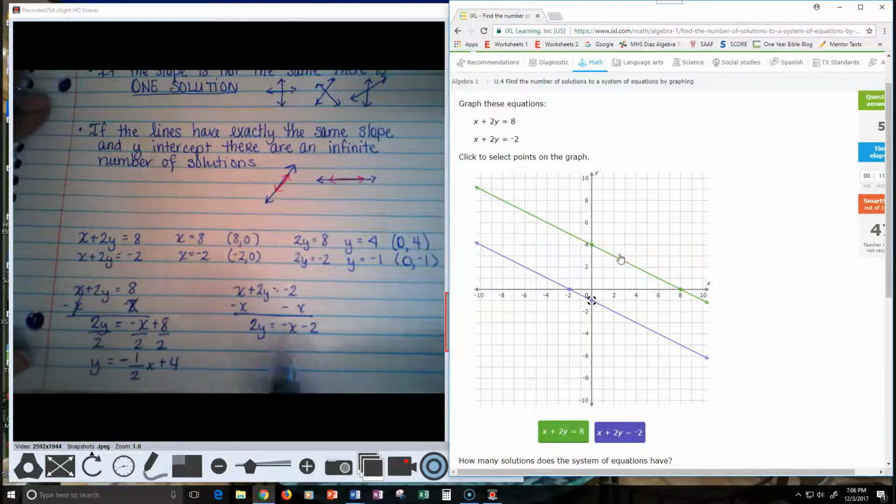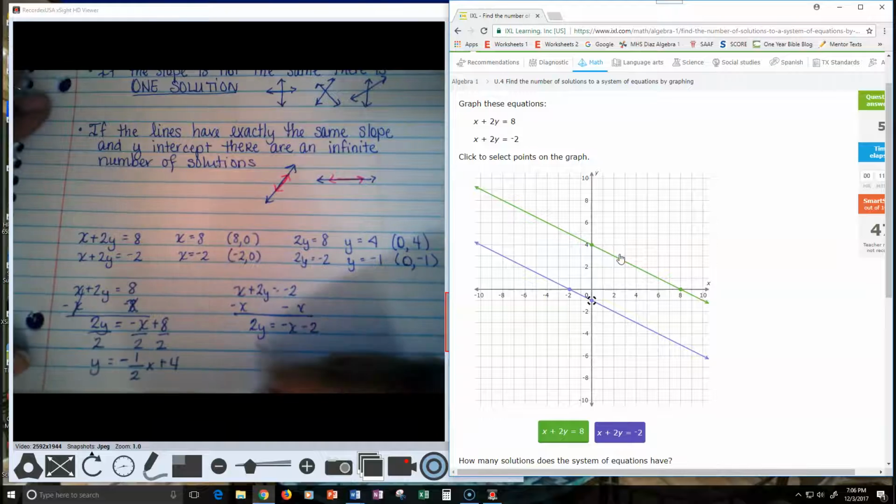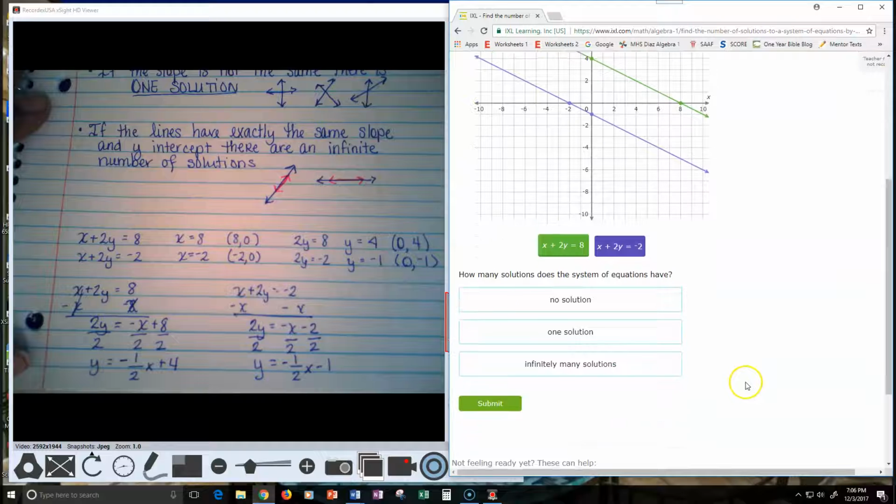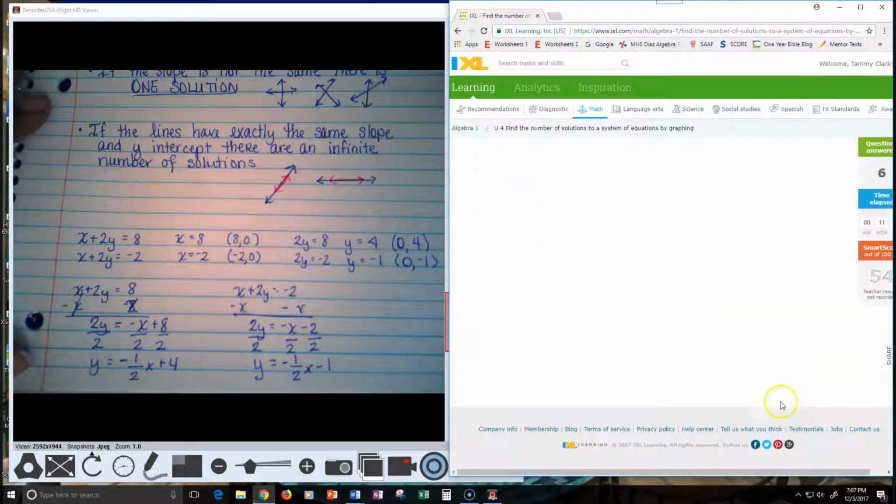The slope is exactly the same. Again, though, if you're going to use this method to graph, you need to finish it. So y is equal to -1/2 x minus 1. And that's exactly what happened. We had a -1 intercept, and then we went down 1 to the right 2. So on this one, because the lines are parallel, we have no solution.